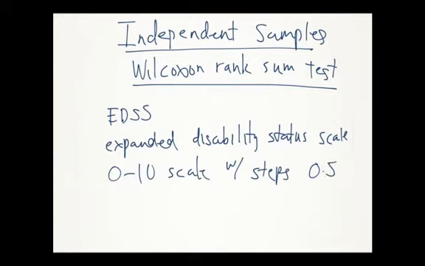So this is an ordinal scale, so it's ordered, but the magnitude between steps is uncertain. A lot of people believe that the steps of the scale are just a rank, not a measure of magnitude. As a result, since it's an ordinal scale, a t-test is not appropriate, right? Because this is not a continuous outcome, it's an ordinal outcome.